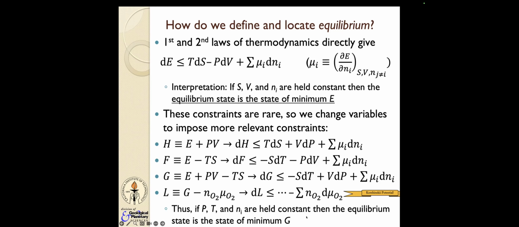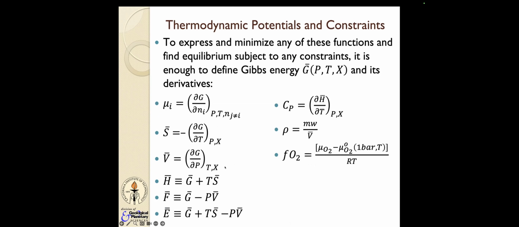Okay, and the second important thing to realize about all these equations is that you can derive all of these functions, the enthalpy, the Helmholtz energy, the internal energy, the volume, the entropy, if you have a function for the Gibbs energy as a function of pressure, temperature, and composition for every phase that might show up in the system that is differentiable, because the derivatives of G with respect to temperature are entropy, with respect to pressure are volume.